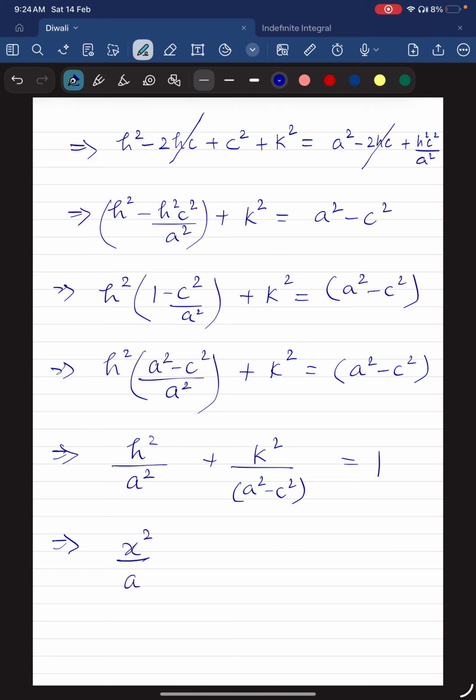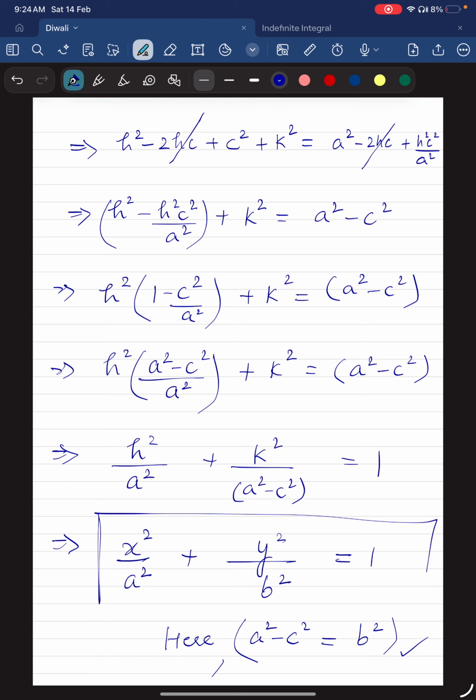Finally, I am replacing H and K with X and Y respectively. So this becomes X square by A square plus Y square. And one more thing I'm doing here is I'm replacing this A square minus C square with an expression B square. Here I'm mentioning this, that in place of A square minus C square I have written B square.